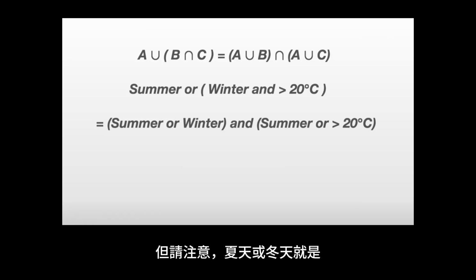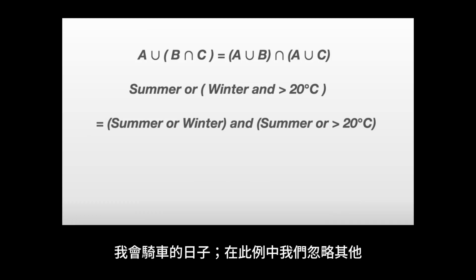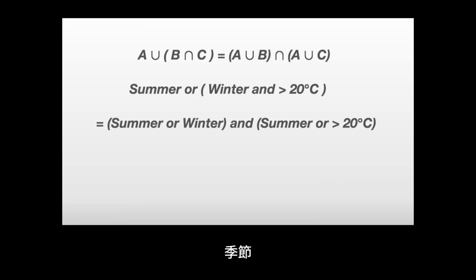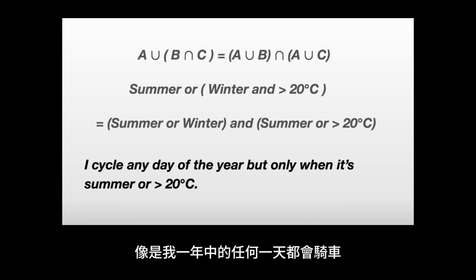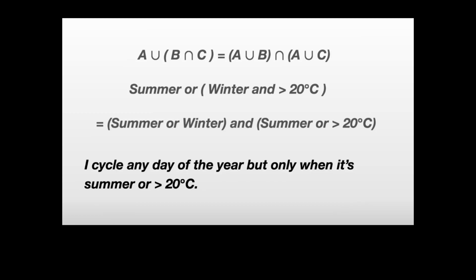But notice that summer or winter is any time, and summer or more than 20 degrees is the days when I cycle. We're ignoring other seasons in this example. And we're taking the intersection of these. So we get something like, I cycle any day of the year, but only when it's summer or more than 20 degrees, which actually makes sense and is another way of saying the original statement.